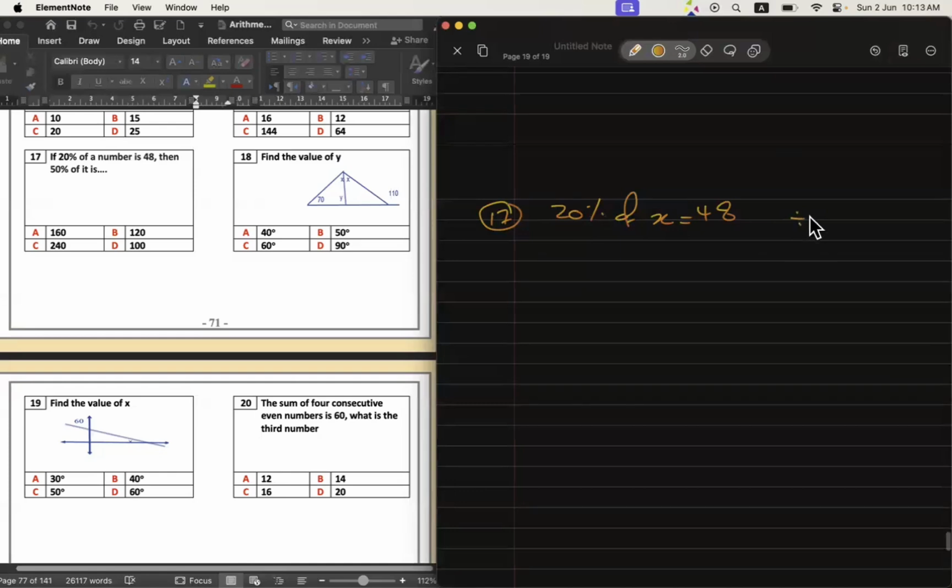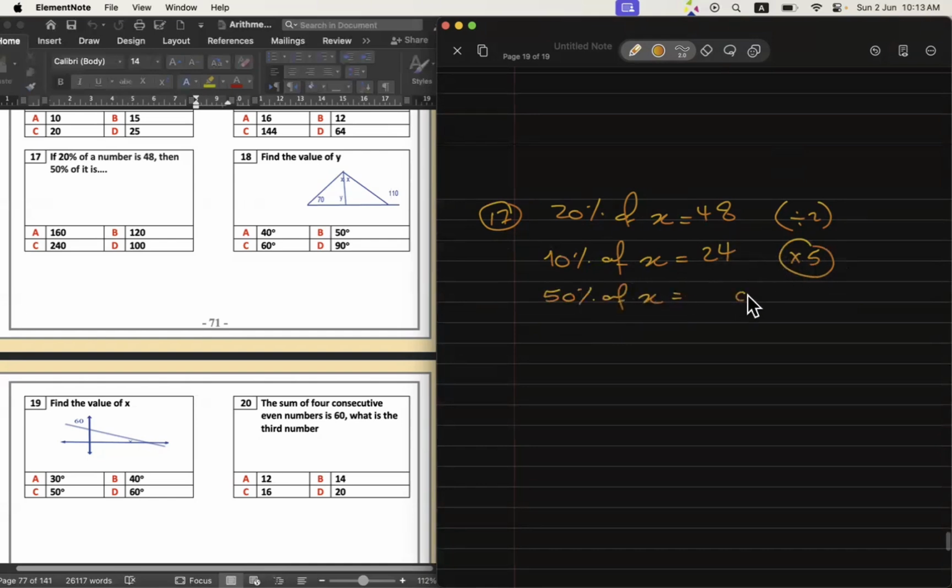For 20%, we can divide both sides by 2, so it will be 10% of x, which equals 48 divided by 2, so it will be 24. Now we want to change 10% into 50%, so we multiply both sides times 5. So 50% of x equals 24 times 5.